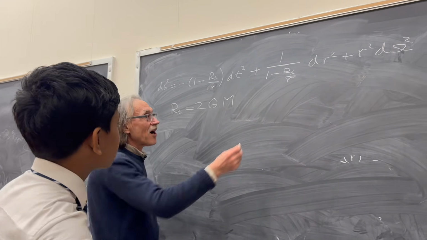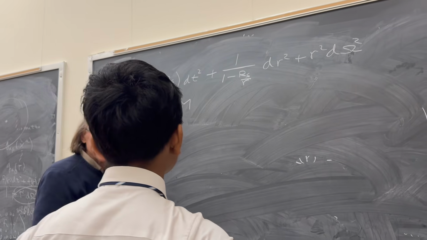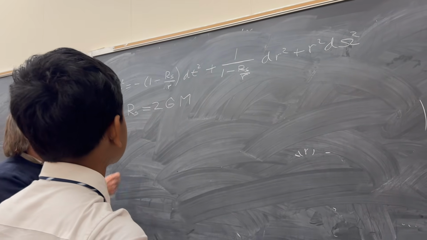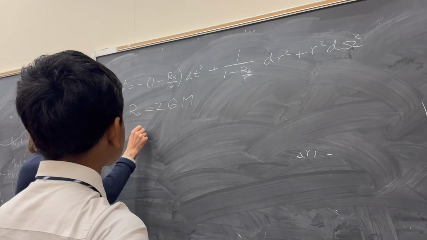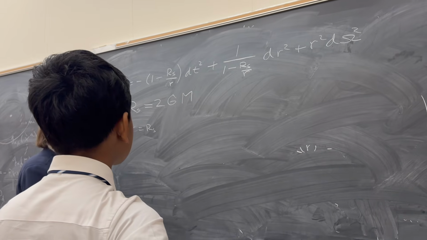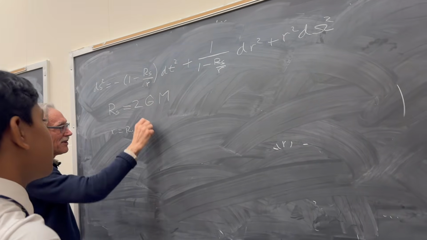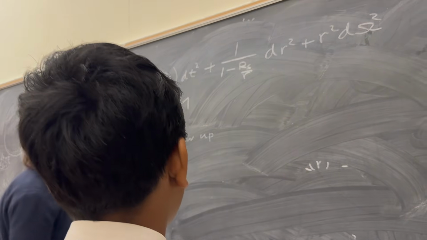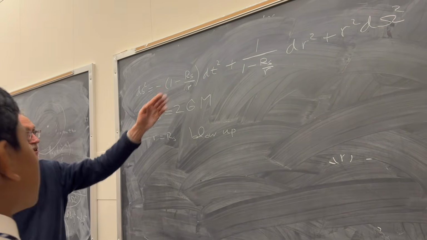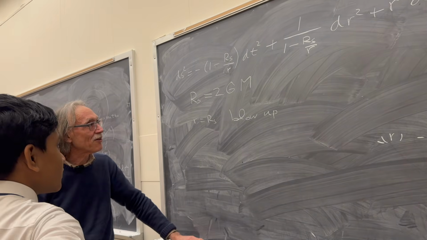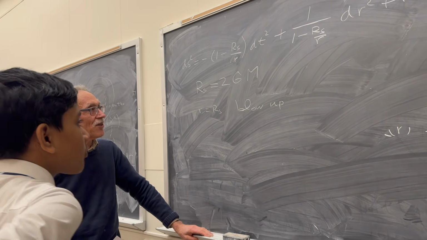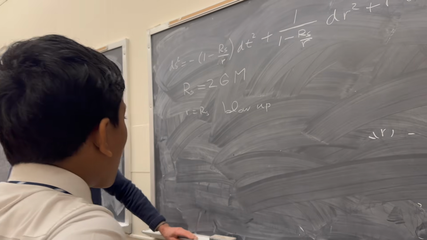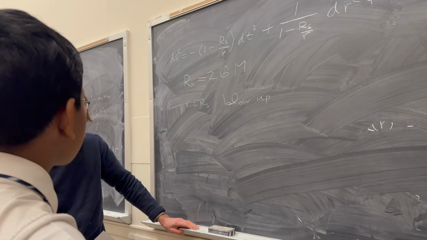Now you see the problem. When r becomes rs, this blows up, because we have 1 over 0. Here there is 0, so that means that time doesn't do anything anymore.